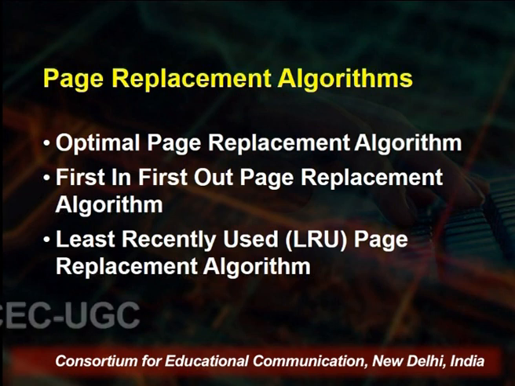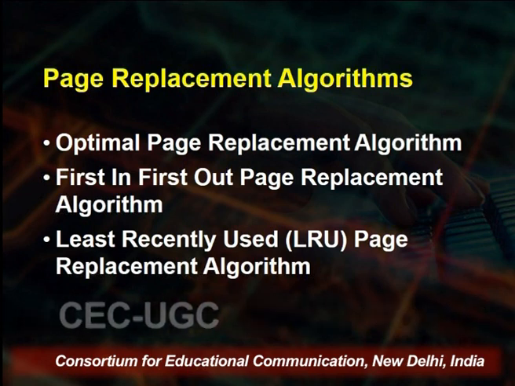Now let us explore all these page replacement algorithms one by one and see their advantages and disadvantages, pros and cons, as well as the implementation mechanism. We will begin with the simplest one, which is the first in first out FIFO replacement algorithm.